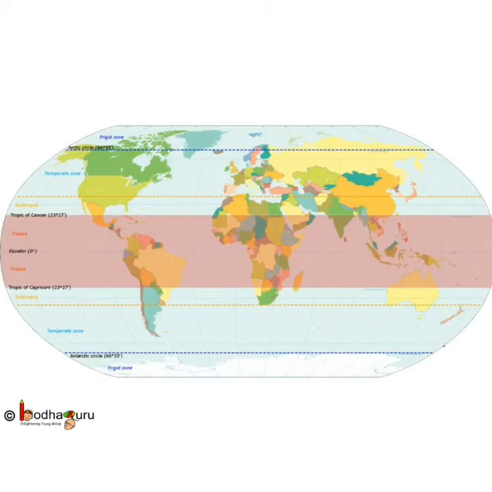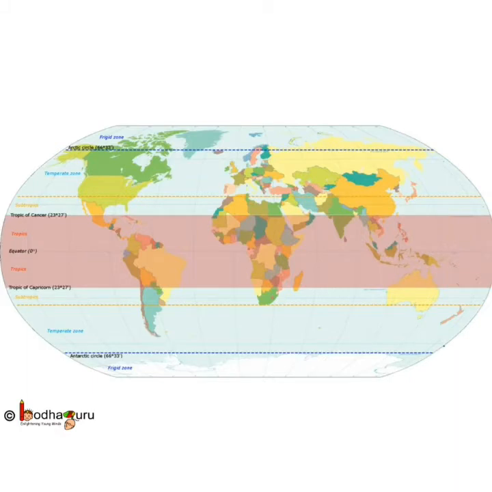This difference causes difference of air pressure, and difference of air pressure means air would move from high pressure to low pressure region, right? Like during summer, the land close to the equator and in the tropical region becomes very hot compared to the ocean around it.